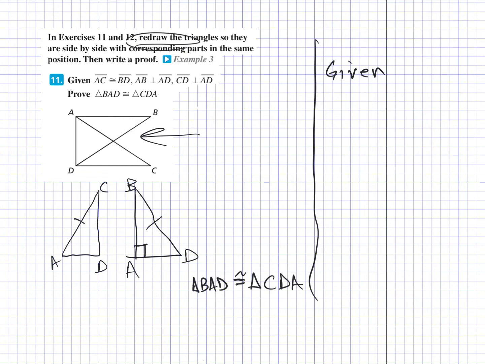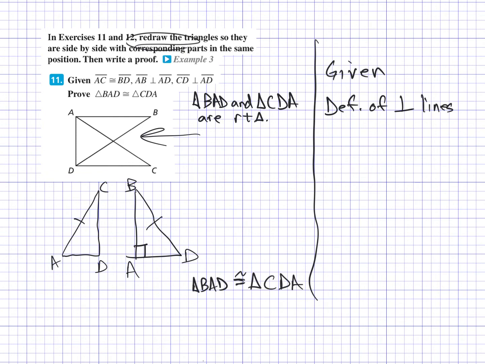So first of all, triangle BAD and triangle CDA are right triangles, by the definition of perpendicular lines.